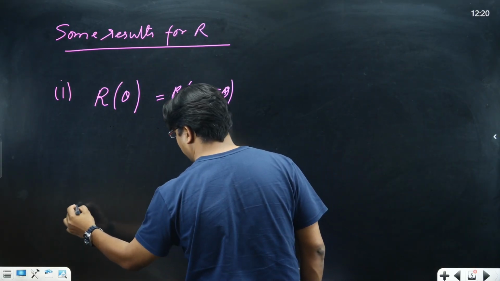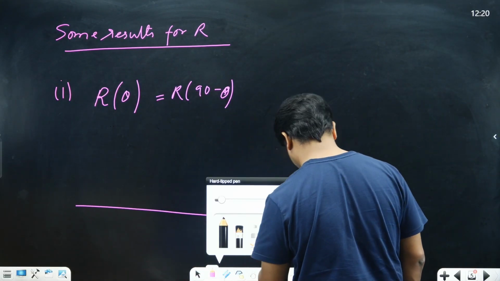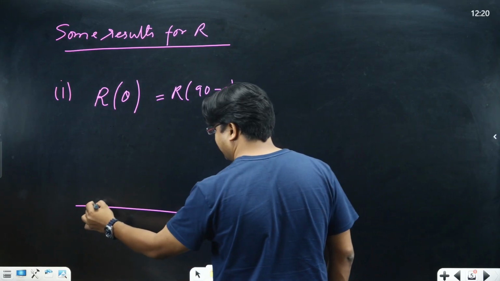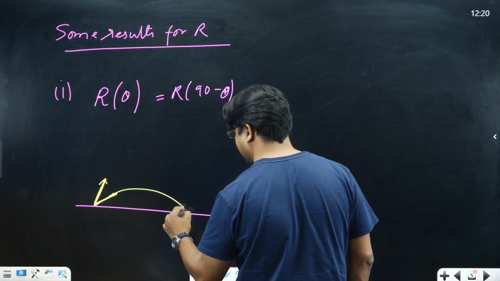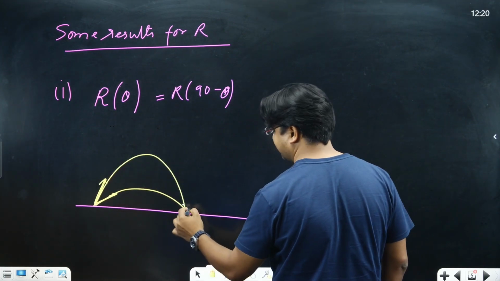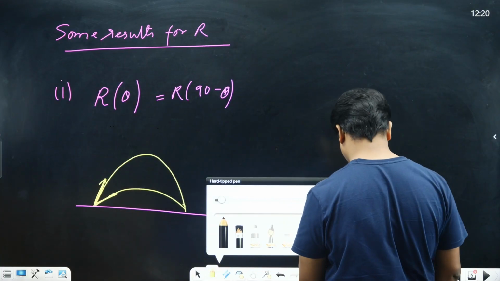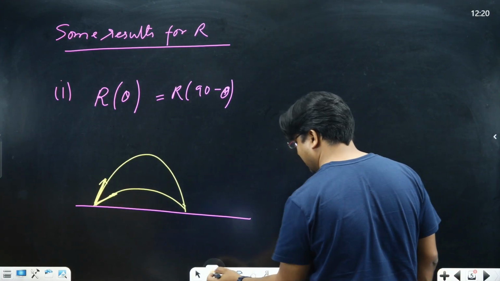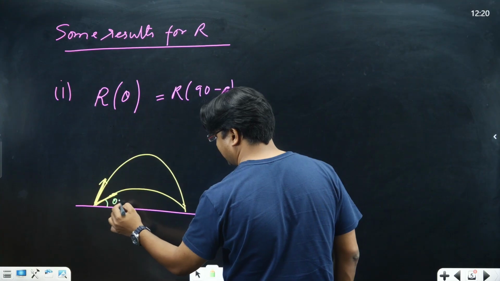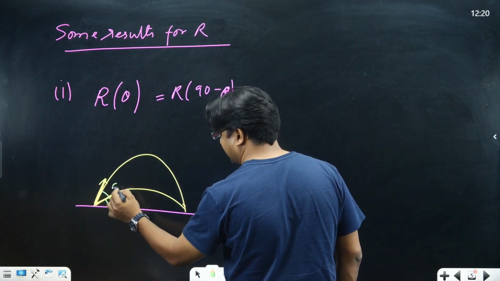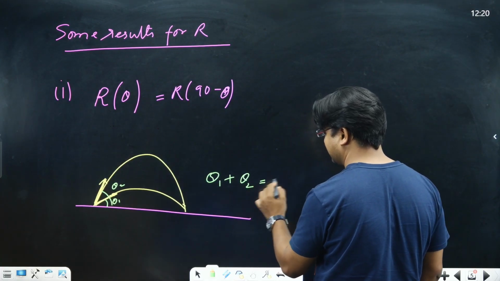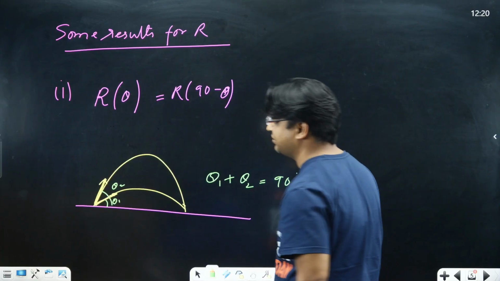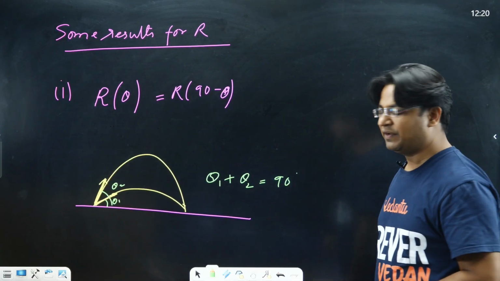So if this is horizontal ground, and one projection is made like this and another projection like this, such that these two angles theta 1 and theta 2 are complementary, that means adding them gives 90 degrees, then we get the same range. That is one very important fact to know.